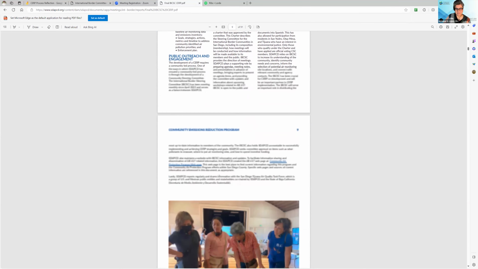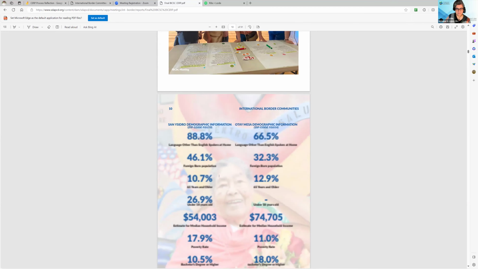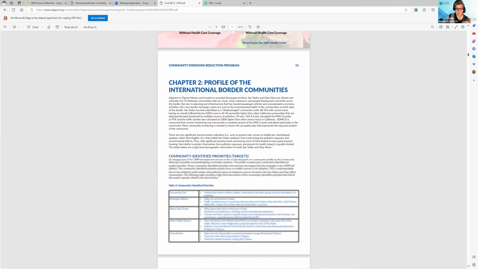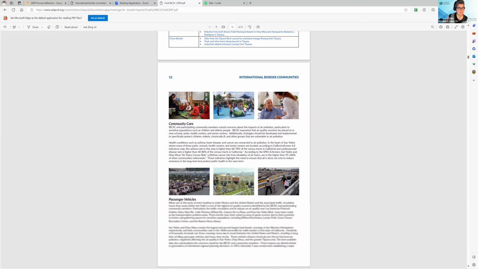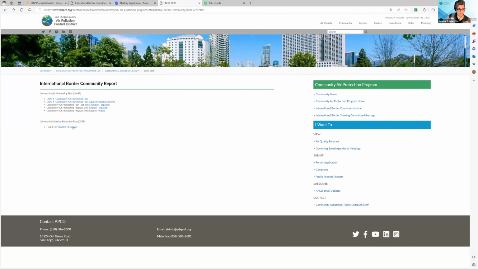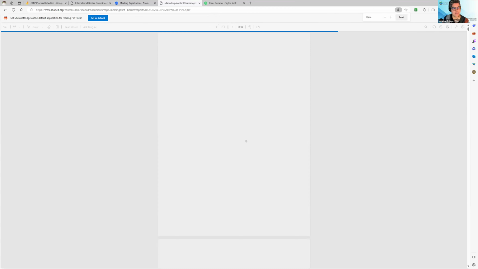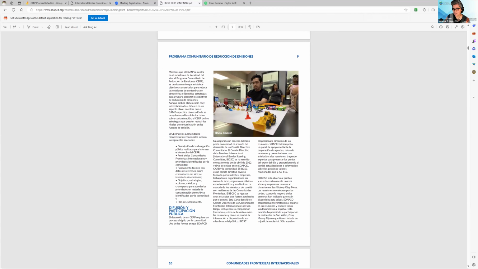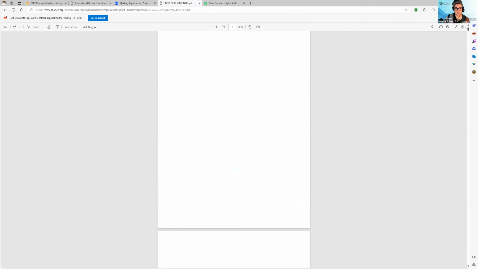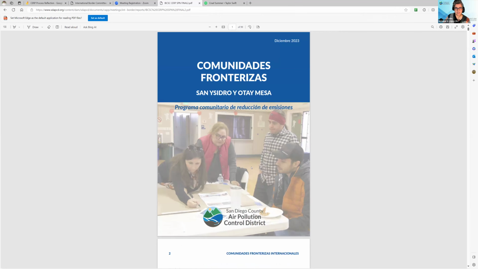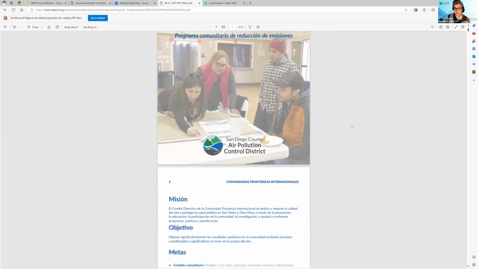Some of you will get to see yourselves in these images as well. And so it provides a nice layout. We have the same thing available in Spanish as well. So everything that is laid out in the English version is also in Spanish as well. You can see here.